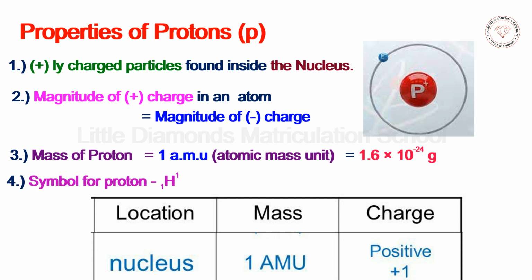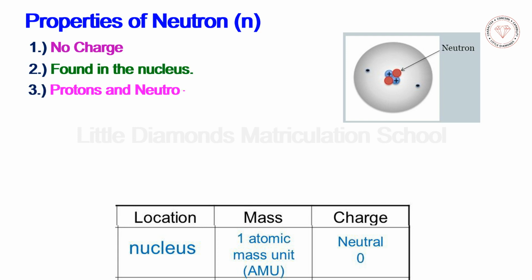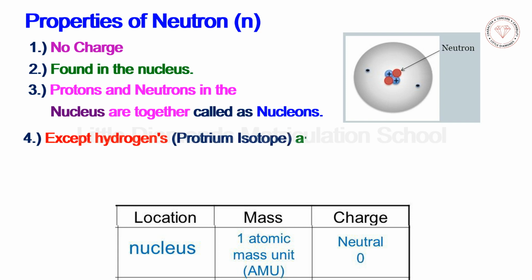Let us now learn about the properties of neutrons. Neutron. Neutrons have no charge. They are found inside the nucleus of the atom. The protons and neutrons in the nucleus are together called nucleons. Except hydrogen's protium isotope, all elements have neutrons.